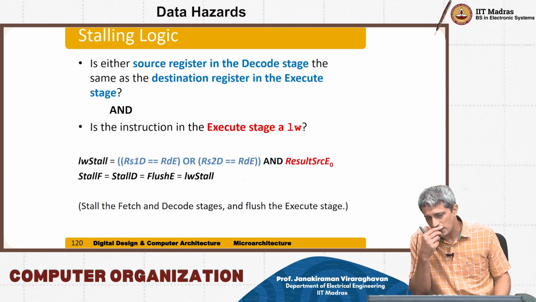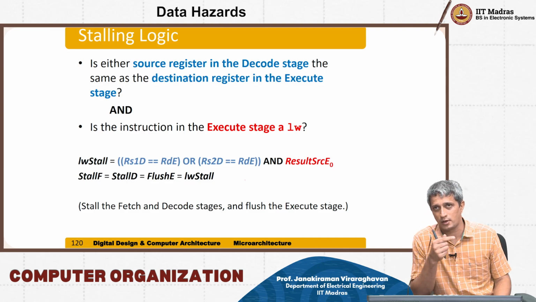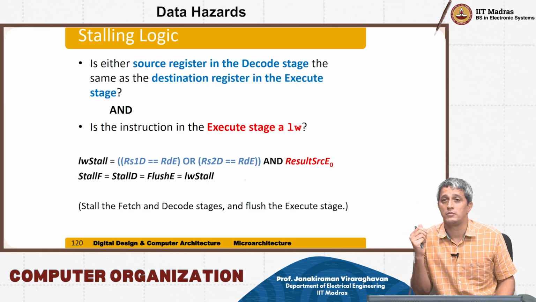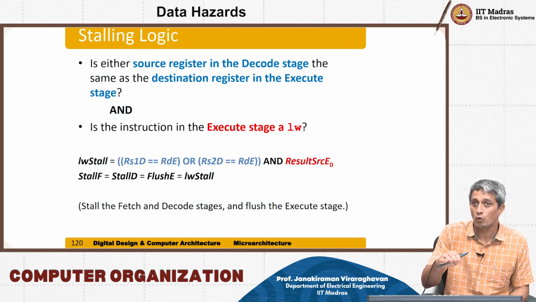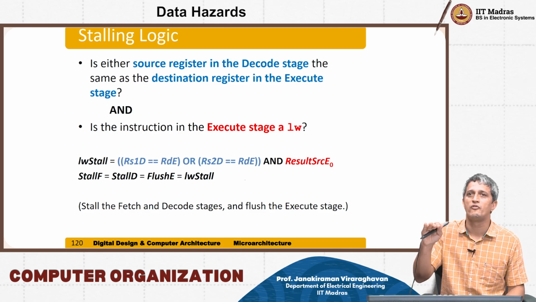So what is the stalling logic? It's basically that the source register in the decode stage, in cycle 2, is the same as the destination register in the execute stage. However, this is not true for all instructions, only if it is a load word instruction.